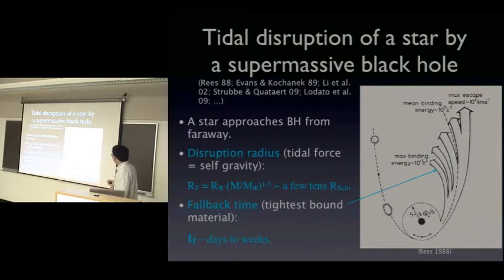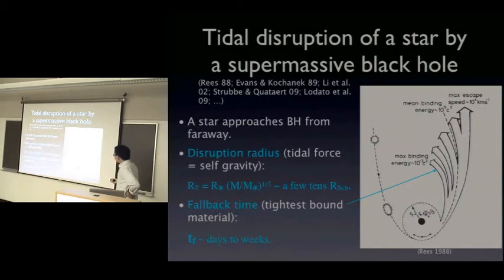The other half will be bound, and because there is a spread in the specific binding energy for the bound half, the bound material will follow different eccentric orbits and return to the original disruption radius. Then the streams of bound material are going to shock each other and circularize. They form an accretion disk, and the accretion powers a transient flare.